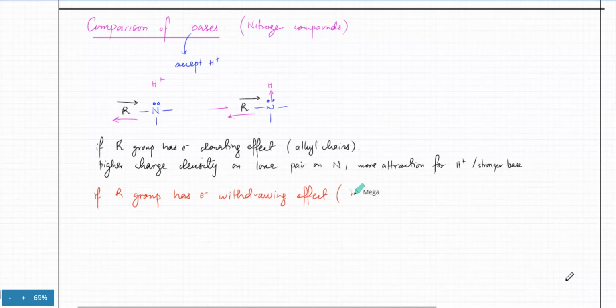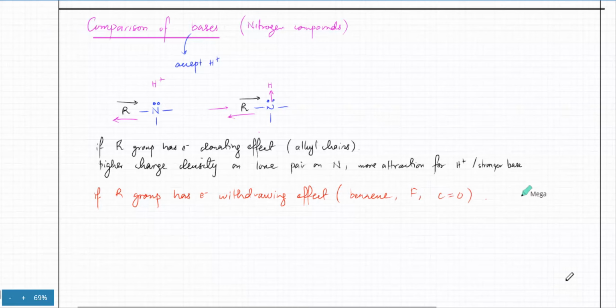It could be a benzene that is attached, or any other highly electronegative group like fluorine, etc. Anything that has a tendency to attract electrons, or it could be C double bond O as well, because the carbon on C double bond O is positive, so it attracts electrons.